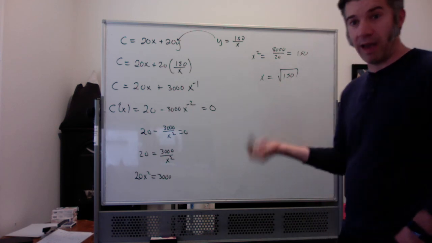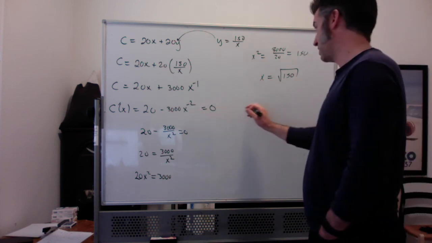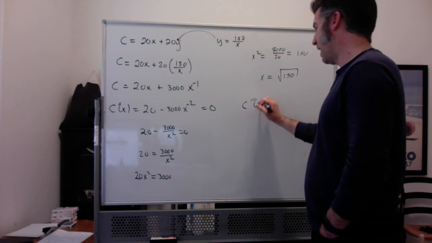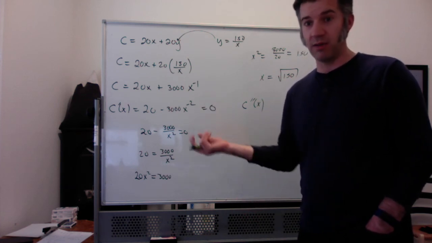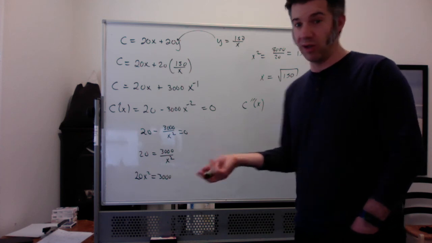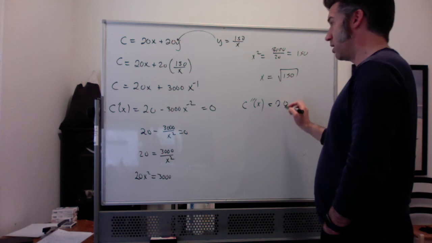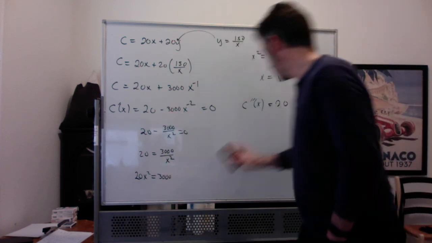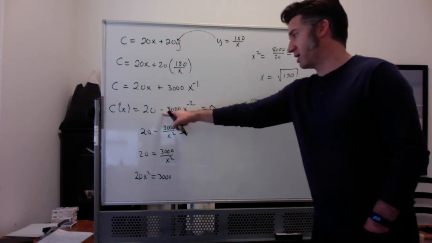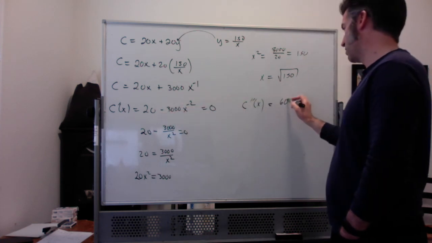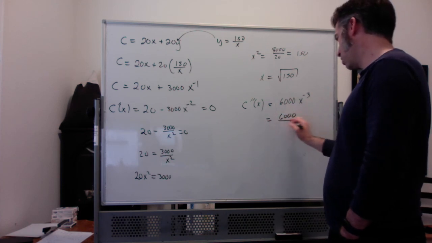And we need to show it's a minimum. We're trying to minimize cost. So look at our cost equation. Let's take the second derivative. I do think the second derivative test is usually the easiest way to show that an optimization problem gives you what you want. Taking the second derivative, the derivative of 20 is 0, and minus 3,000 times minus 2 is positive 6,000 x to the negative third, or 6,000 over x cubed.